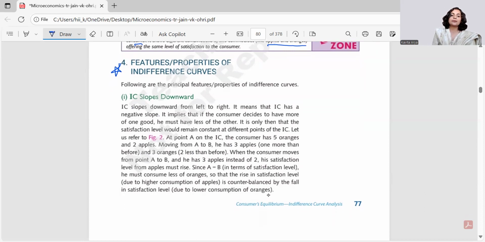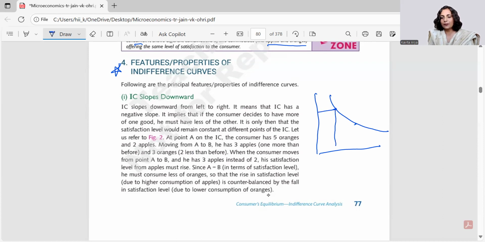So these are the properties or the features of IC. IC means indifference curve. First, it slopes downwards. And we all know that whenever we're talking about downward slope, let's understand it by taking any 2 points of reference. So this is point of reference called A, right? If from A, somebody wants to go to B, what would he do?